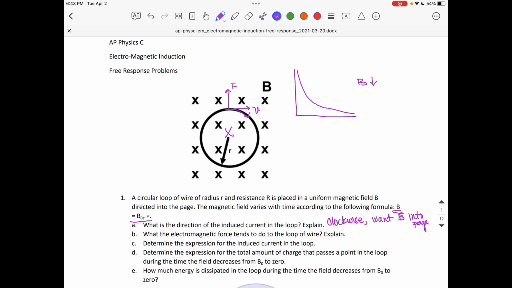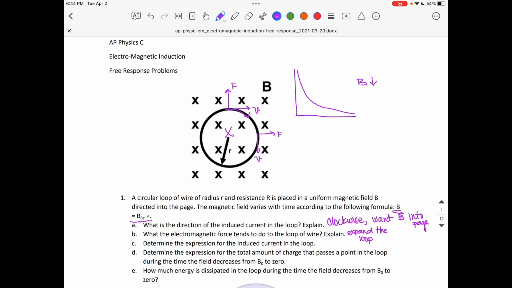My force is going to go up. Here, again, I would have a current or velocity going down, which means that my force is going outward. So you're going to notice the pattern. The force is always pulling outward as you go around the circle. So this one is going to expand the loop.